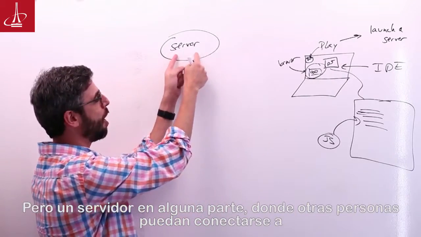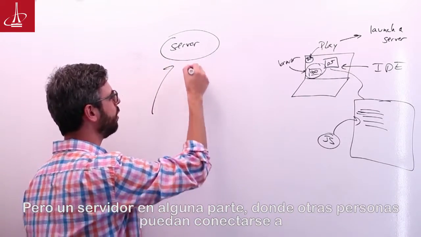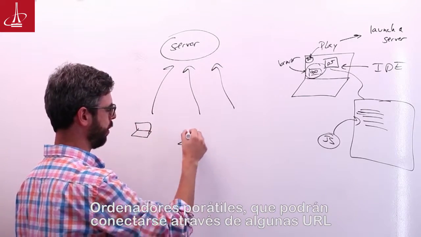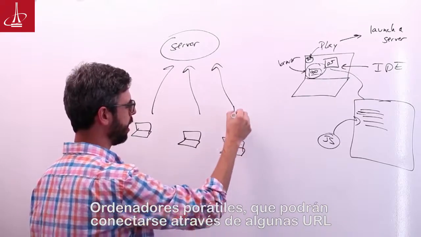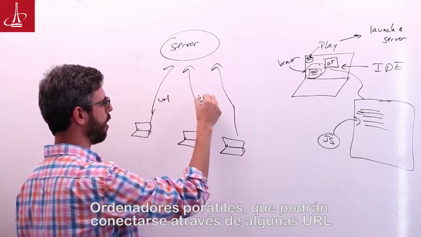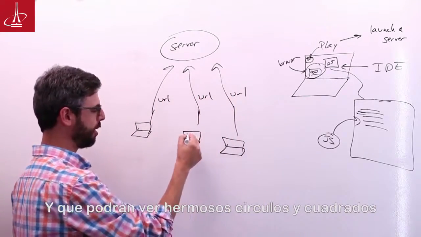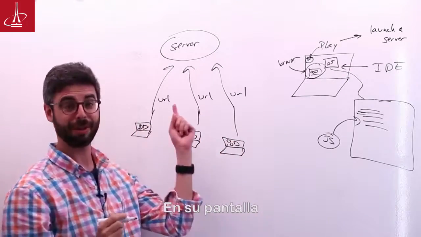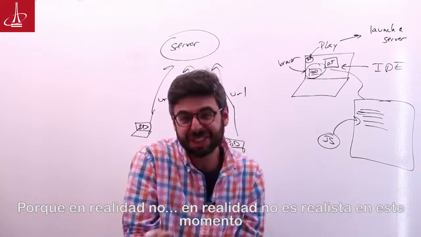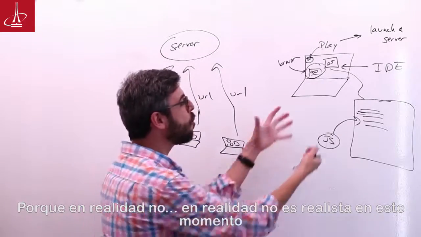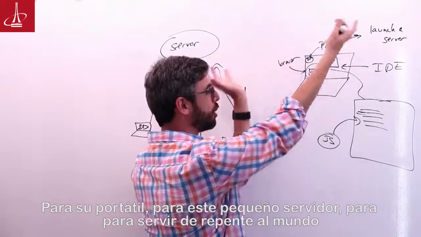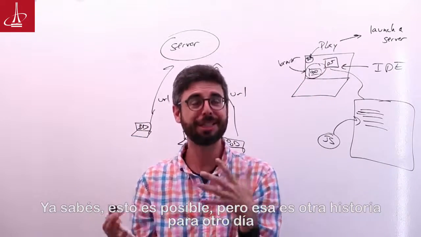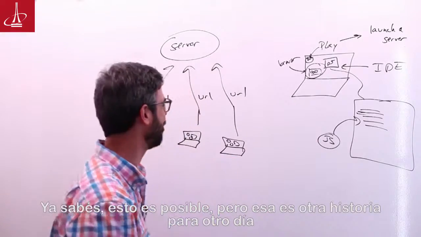But a server somewhere that lots of other laptops could connect to through some URL, and they could see your beautiful circles and squares on their screen. It's not really realistic at this point for your laptop's little server to serve out to the world and have everybody connect to you. Although this is possible, that's another story for another day.